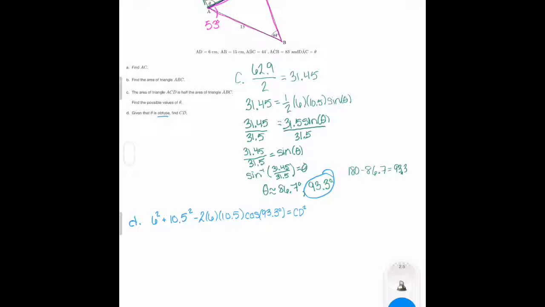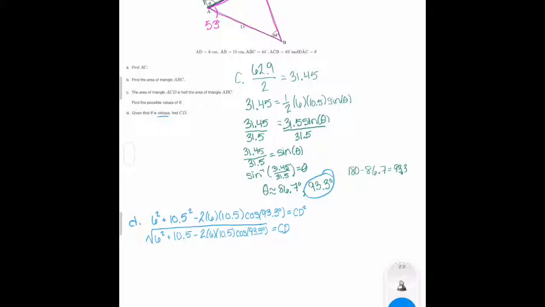And so I'm going to go ahead and right off the bat, I'm going to put everything in the square root. So square root both sides. And then I am ready to go ahead and put this in my calculator, and it will give me the length of segment CD.